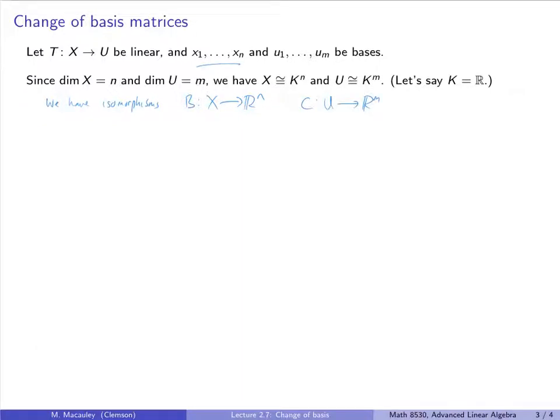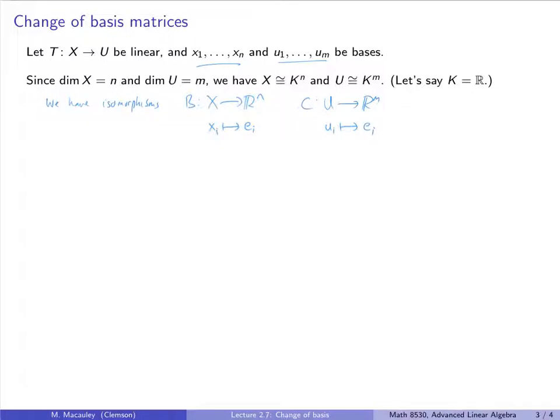Now, since we already have chosen our bases, let's just assume that B sends xi to ei, and C sends ui to ei. And of course, ei is just our standard unit basis vector with zeros everywhere and a 1 in the ith entry.